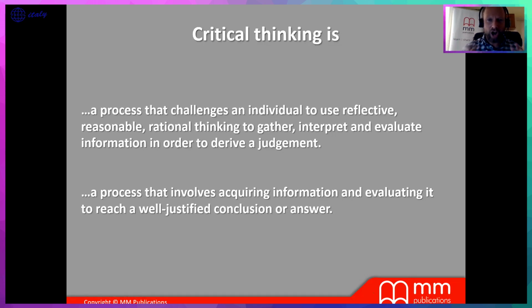So these are keyword concept words that comprise what critical thinking is all about, making use of these features in order to have critical thinking activities in the class, and a process that involves acquiring information, but not only sticking to that info, but evaluating it so as to reach a well-justified conclusion or answer.